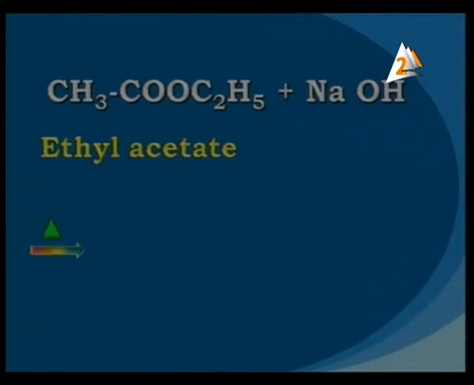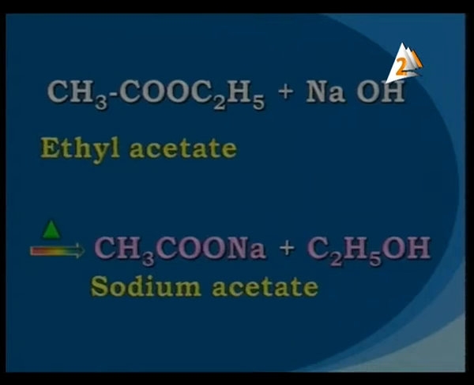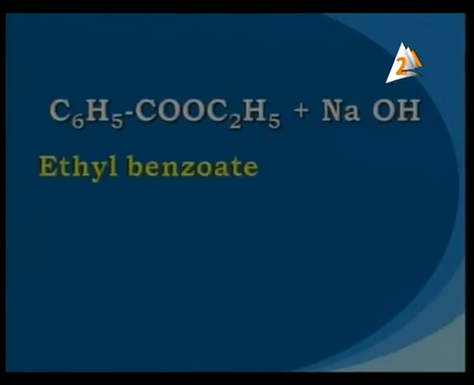Now, by heat, directly the answer is sodium acetate, CH3COONa, plus alcohol, C2H5OH. Good and wonderful. That's not all for this. You have also the benzene ring. We know it's C6H5COOC2H5, ethyl benzoate, plus sodium hydroxide.